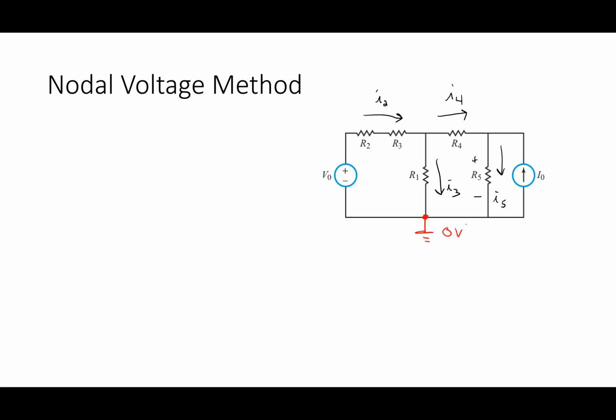There's one up here, I'm going to call this guy V1 and this guy V2. Technically there's one here too, but it's known to me. I'm never going to ask you how many nodes are in this circuit, but it's important that we understand that we're solving for these voltages.